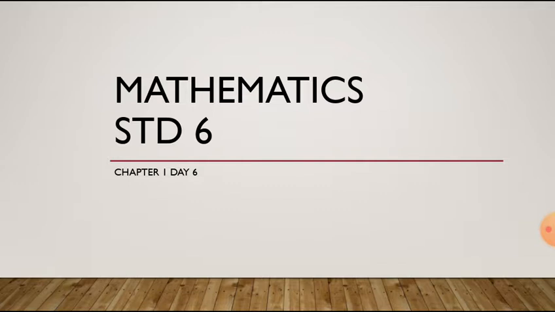Through this we can do the estimated sum, estimated product, and estimated difference. These we can learn later. So keep in mind, in this session we are going to study the approximation of numbers, that is the estimation. Clear?